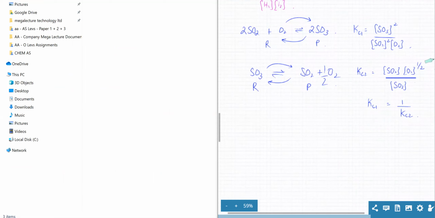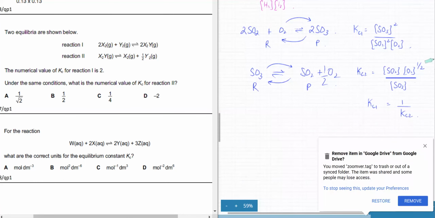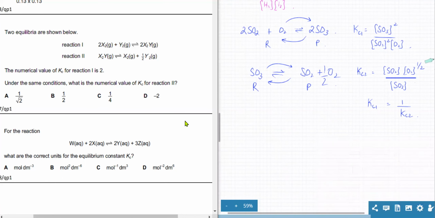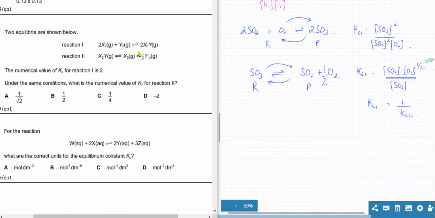And what you just need to do now is figure out what the relationship is between Kc for 1 and Kc for 2. That's the challenge. What's the relationship between the two? So write the expression for the first one. They're exactly the same reaction. For the first one, let's call that Kc1.